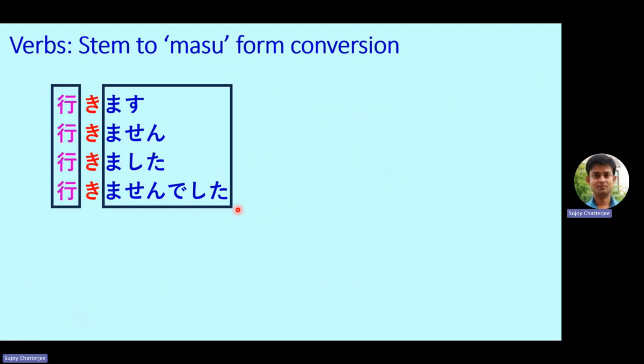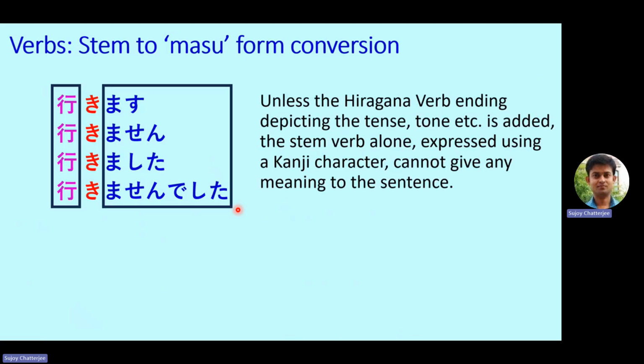And then the conjugation mas, masen, mashta, masendeshta provides the tense of the verb. So along with the stem kanji and the ending, we can now convey some meaning or some logical sense to this word. Now, what is the middle one?